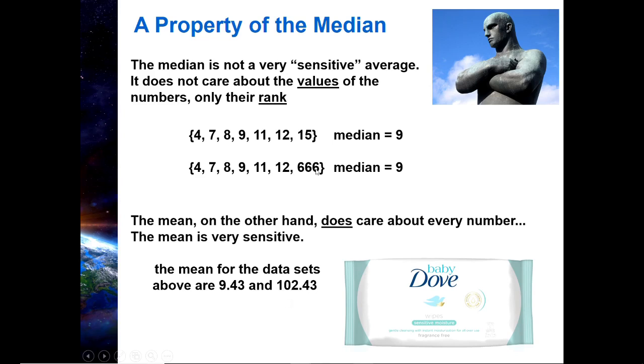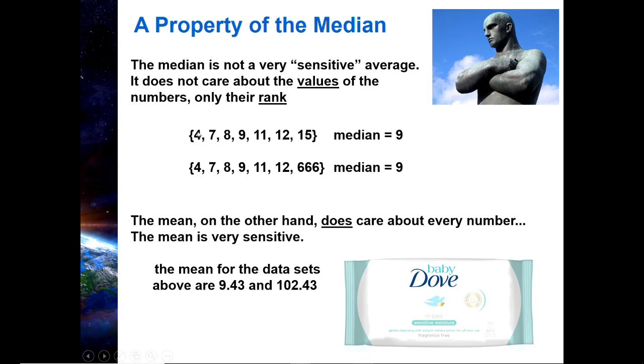Remember, it's like adding that big frog. The mean is going to be drawn towards it, right? Because it wants to find that center of gravity. So by adding this outlier, we'll call this an outlier, an extreme score that is unlike any other, it dramatically increased the mean.